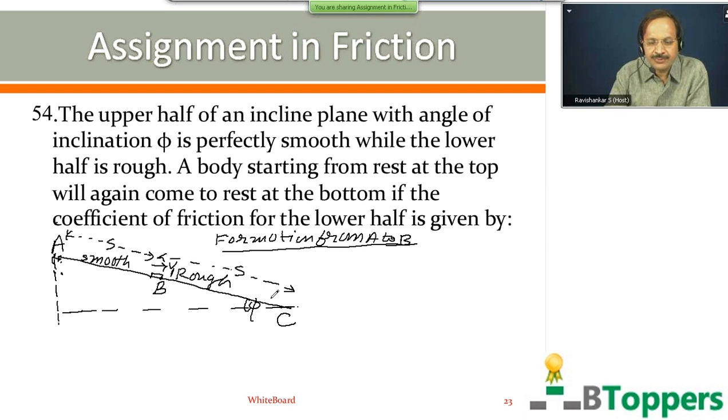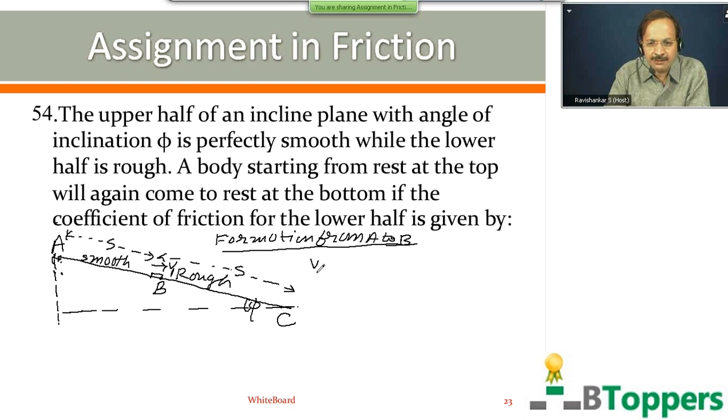Here theta equals phi. Phi is the angle of inclination of the inclined plane to the horizontal. Don't mistake phi as the angle of friction in this problem. Phi is not the angle of friction here.